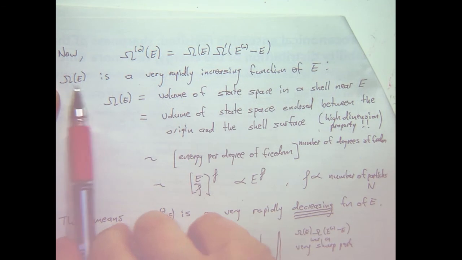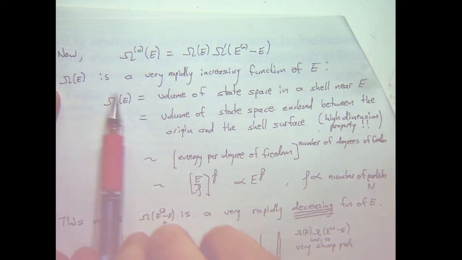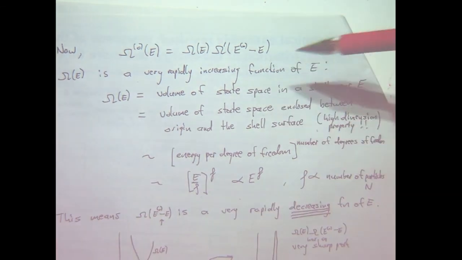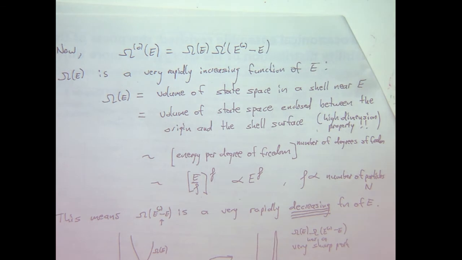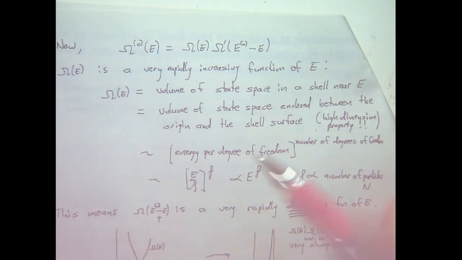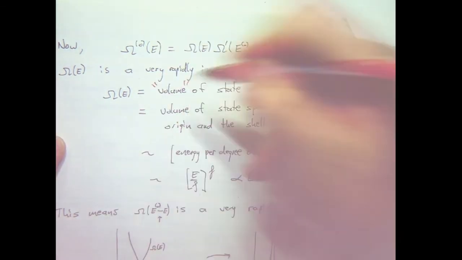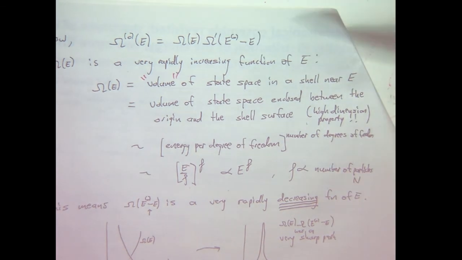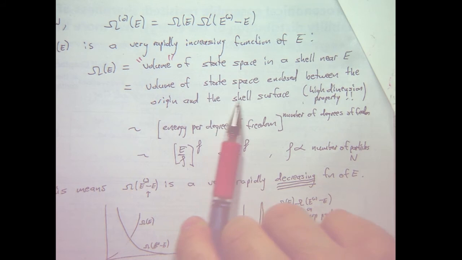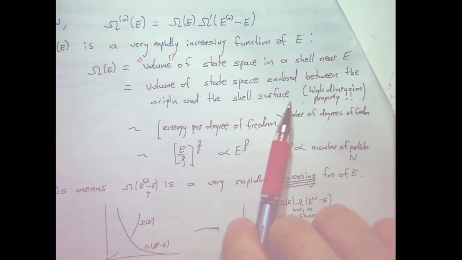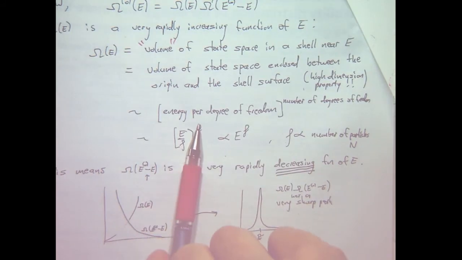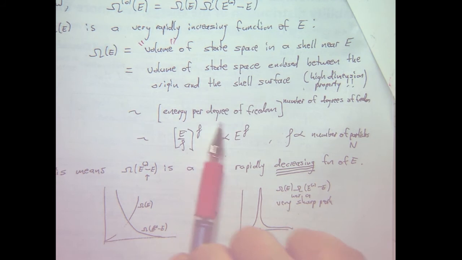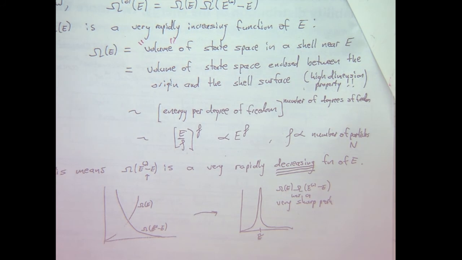Okay, and we know that the number of accessible states at energy E is a very rapidly increasing function of the energy. So omega B is volume in a more general sense than just ordinary volume of state space in a shell near E. It's a volume of state space enclosed between the origin and the shell, but that's the energy per degree of freedom to the power of the number of degrees of freedom.